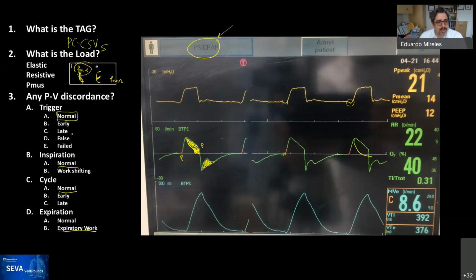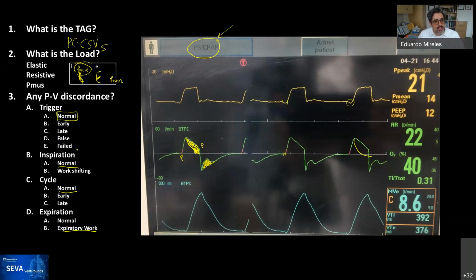There can be late trigger on pressure support if they set the sensitivity, the threshold, too high, so the patient has to generate a lot of PMOS. You may see a late trigger. You may also see false triggers if there's oscillations from the heart.